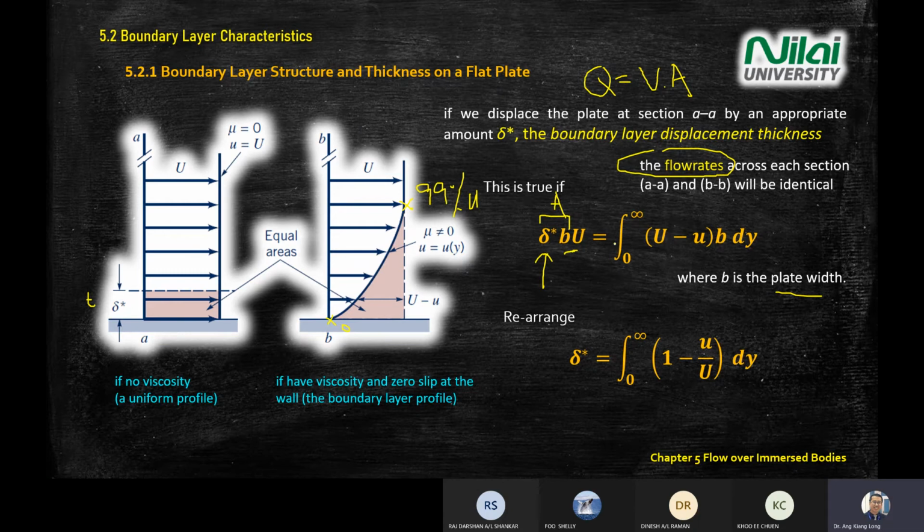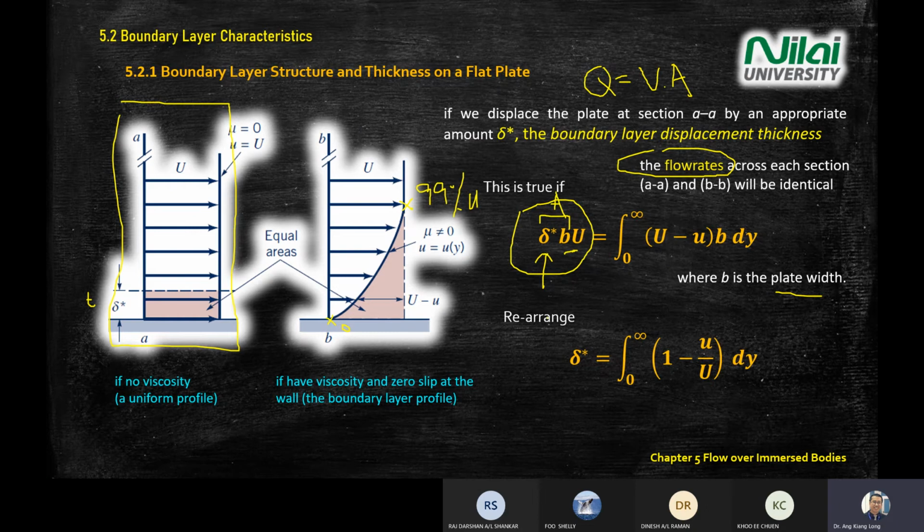Now this equation is on the left diagram. You want to calculate the volume flow rate from the parabolic equation here. You take u minus ub times dy, then you integrate. This one is more on the integration side.